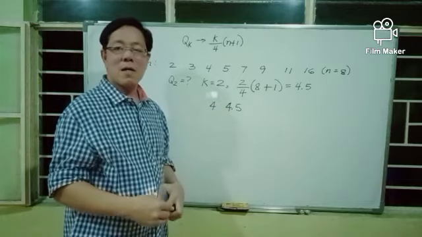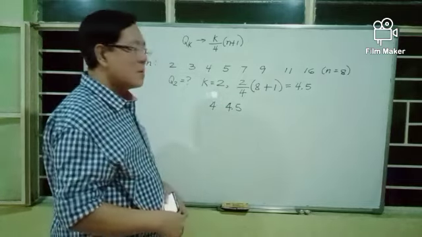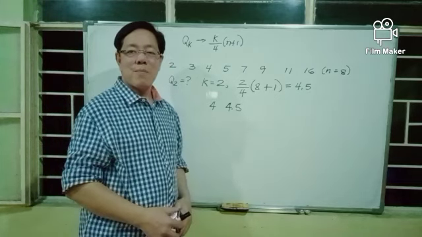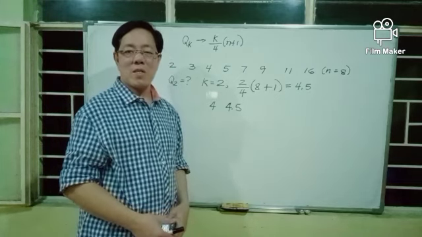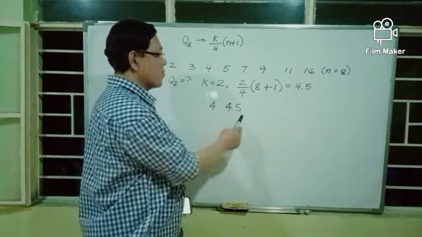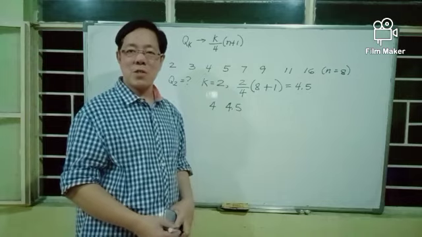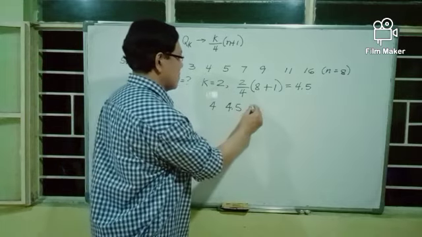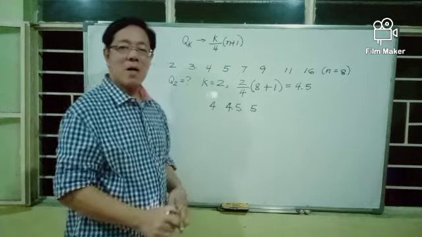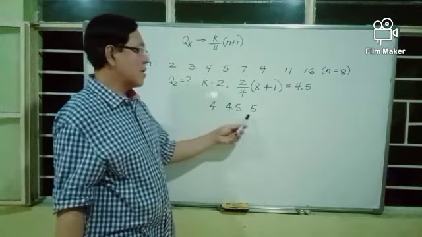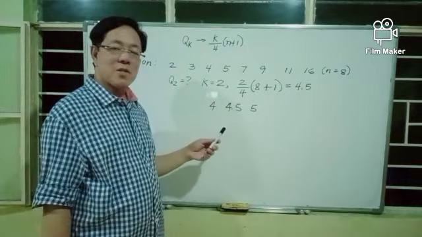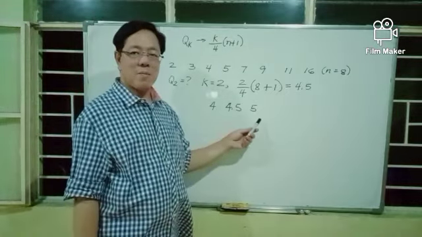And you take the smallest positive integer or whole number that is greater than 4.5, and that integer is 5. 4 and 5 are the positive integers closest to 4.5.